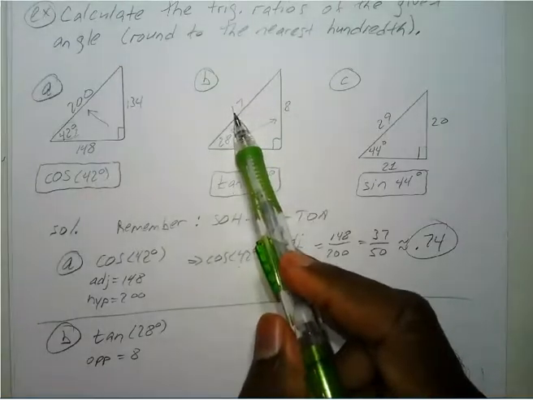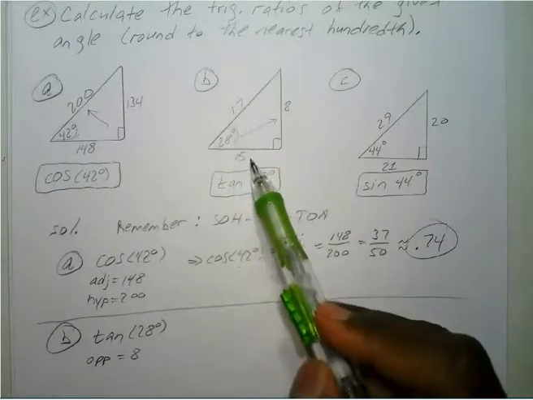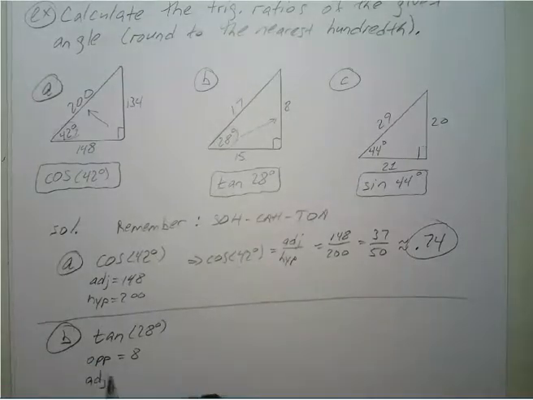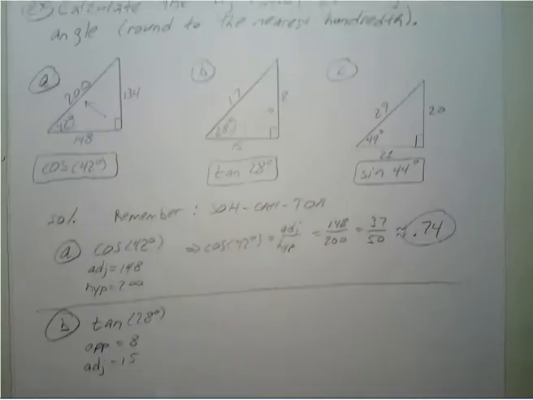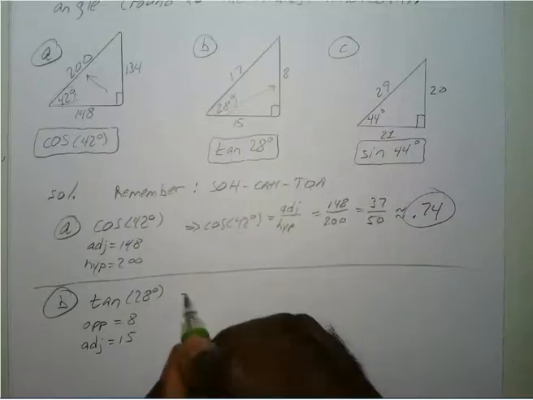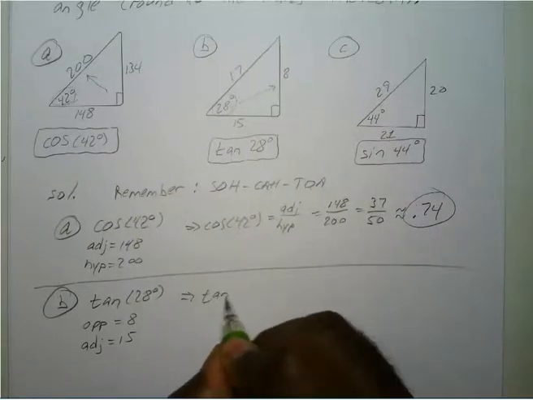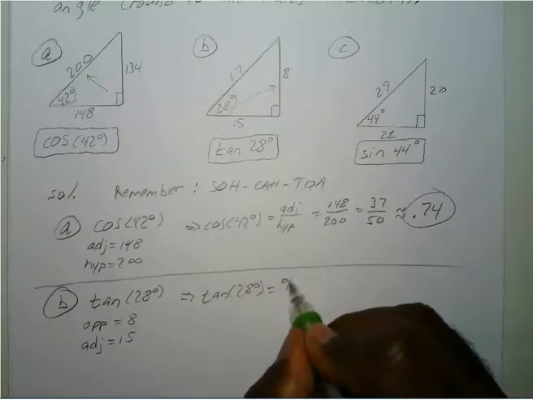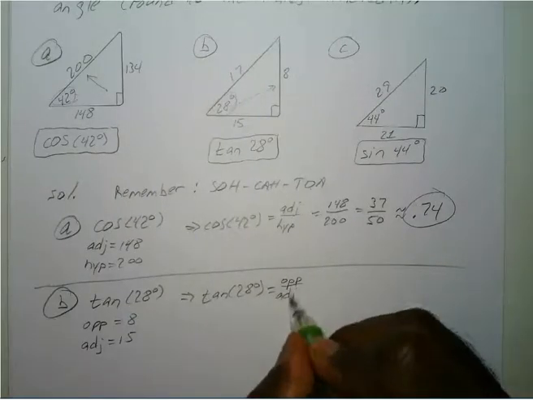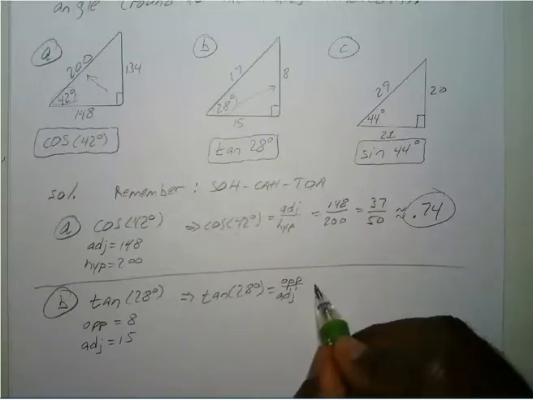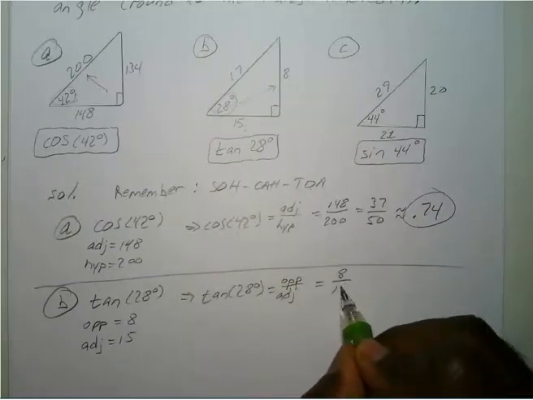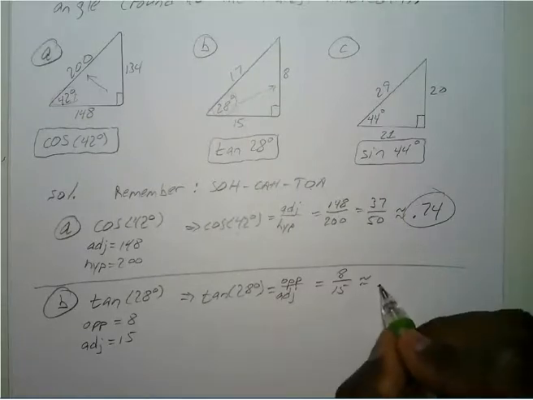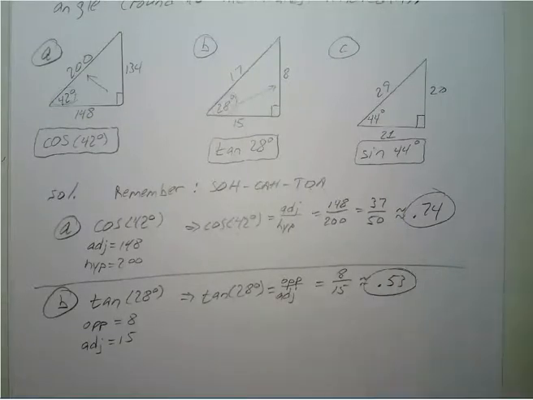Remember, we're not counting the hypotenuse as an adjacent. So the adjacent to 28 is the side that's 15. So tangent of 28 degrees, which is opposite over adjacent, is going to equal 8 over 15, which 8 divided by 15 is approximately 0.53.